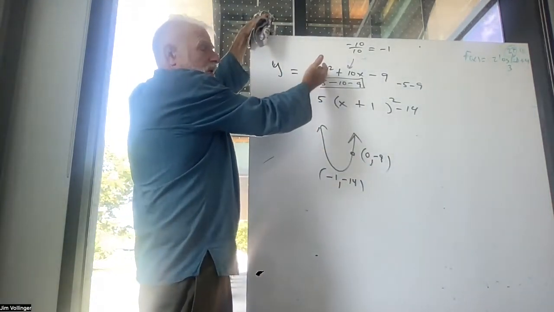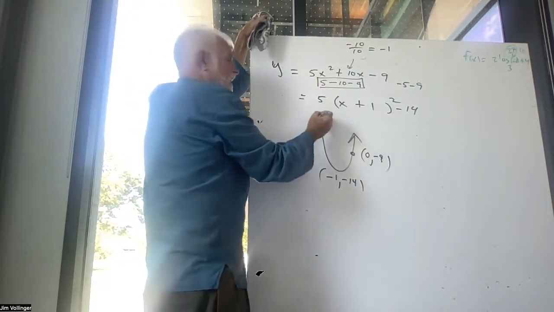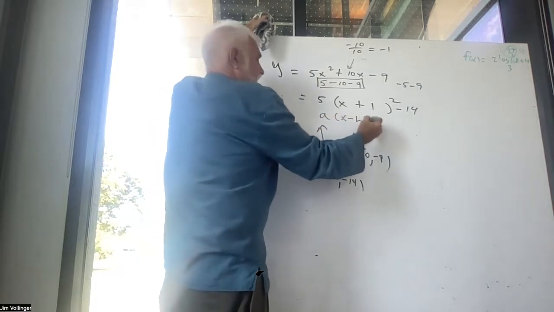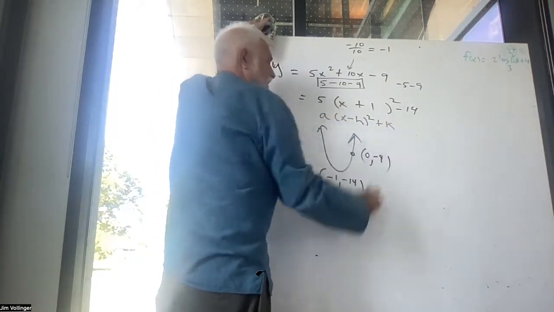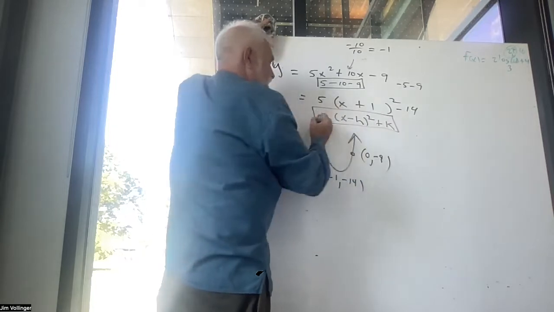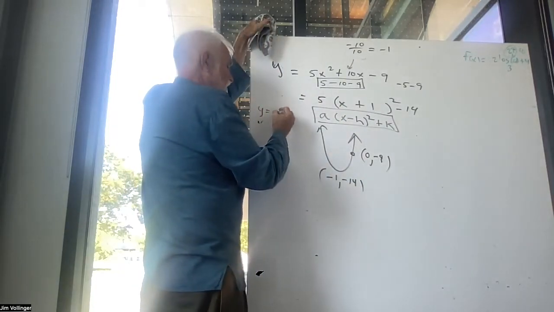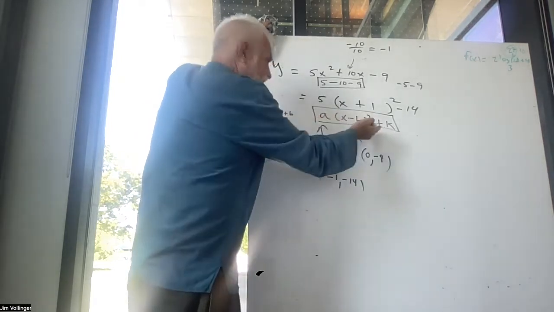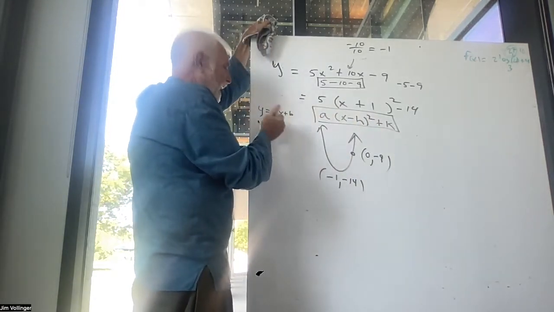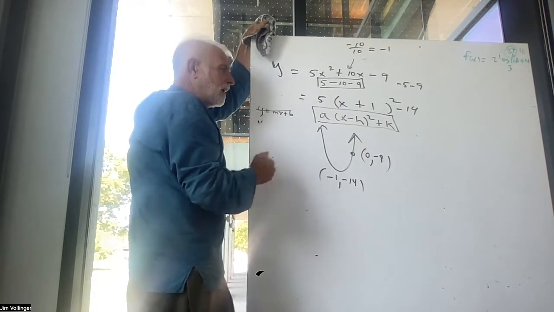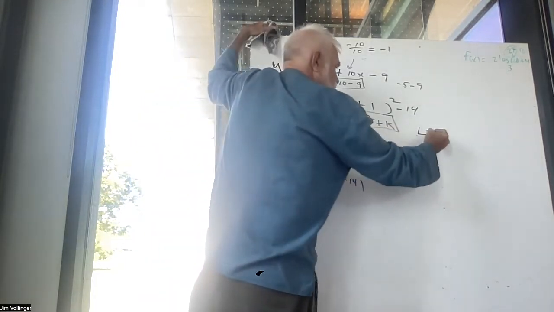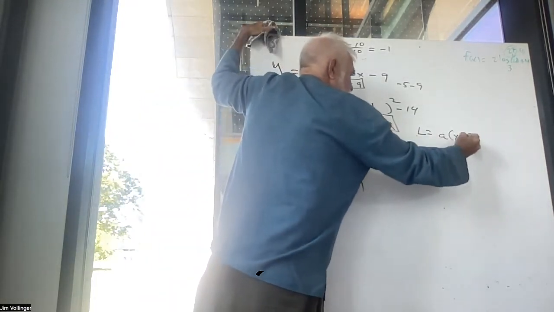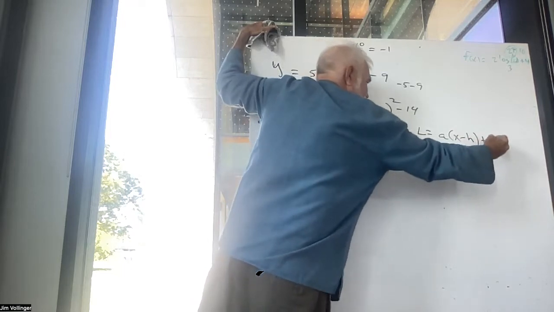Changed it from ax squared plus bx plus c to a times x minus h squared plus k. That's just as important as saying y equals mx plus b, right? It's a graphing form. I don't like this graphing form. I wish that linear functions were written as a times x minus h plus k.